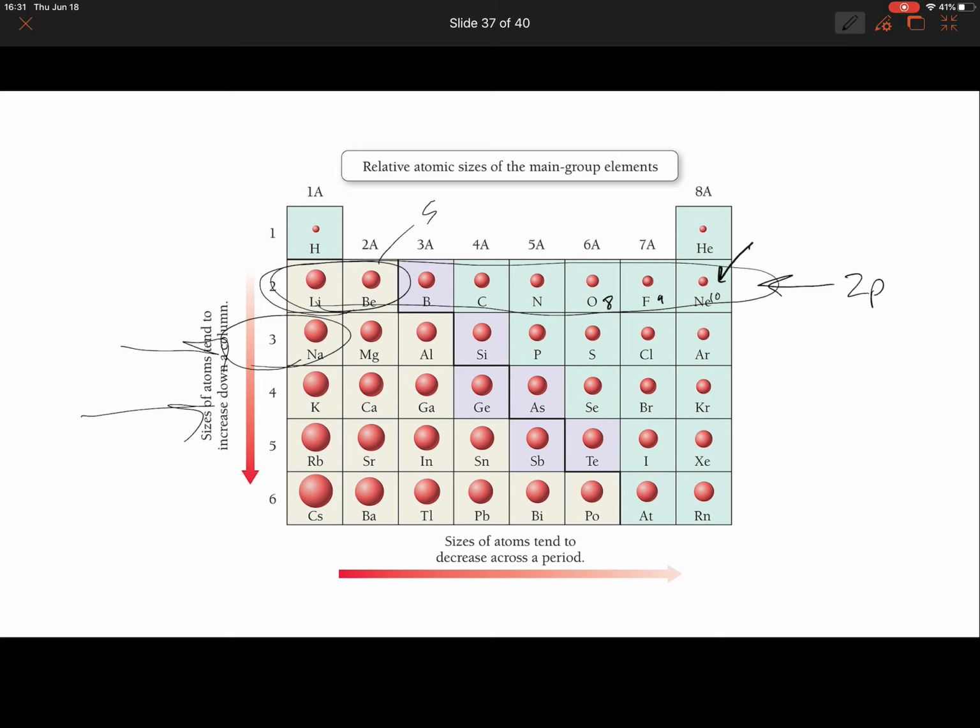All things being equal within a column, as they get farther and farther away from that positive charge at the center of the atom, the attractive force between those electrons and protons gets weaker and weaker, meaning that those electrons can pull away further and further away. So they get bigger as you go down. It gets smaller as you go to the right.